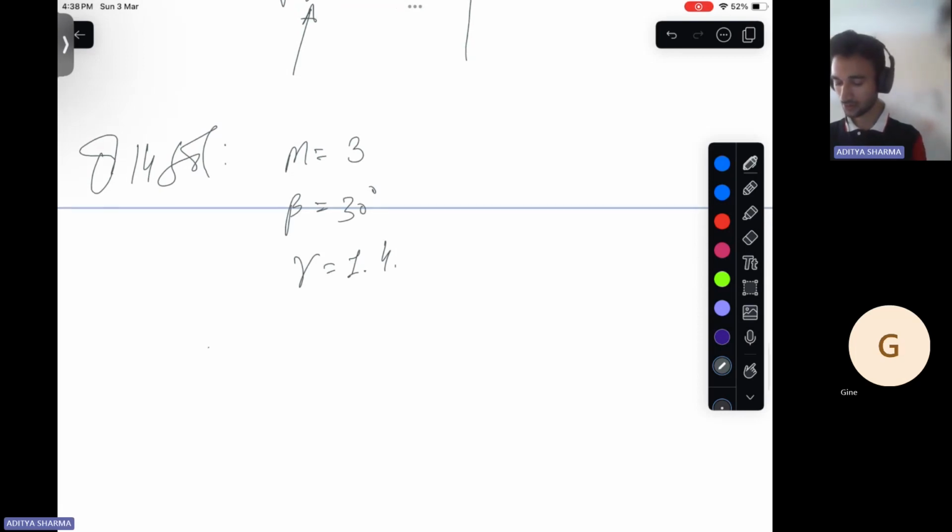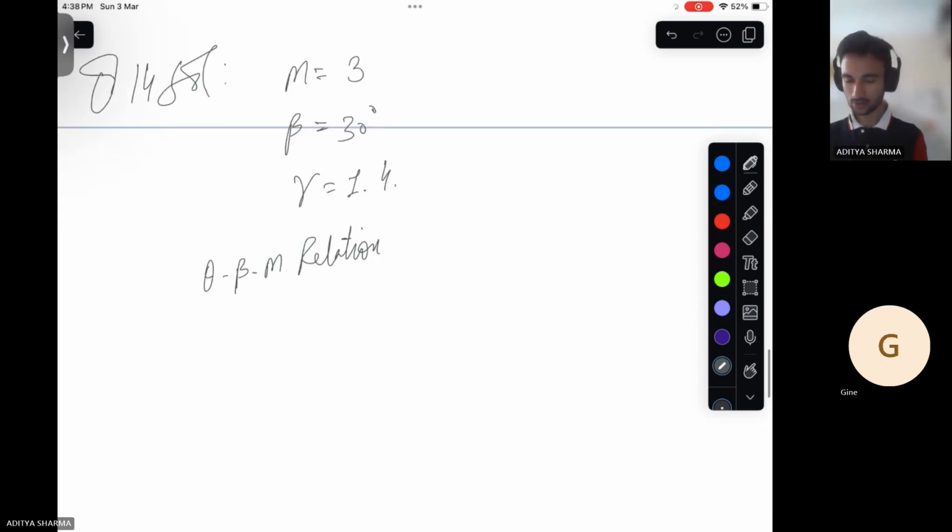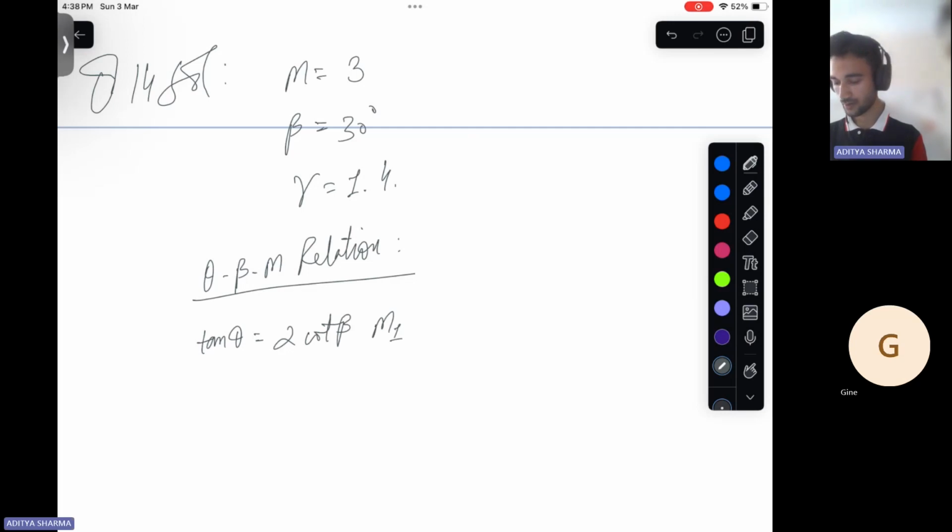So we will be using theta beta M relation, which is tan theta equals 2 cot beta times M1 square sine square beta minus 1 divided by M1 square gamma plus cos 2 beta.